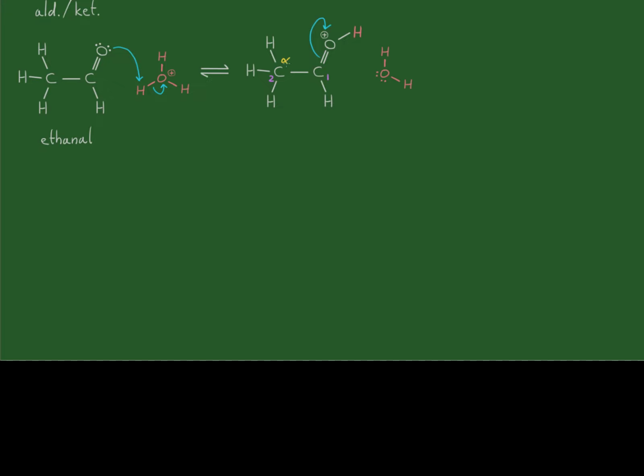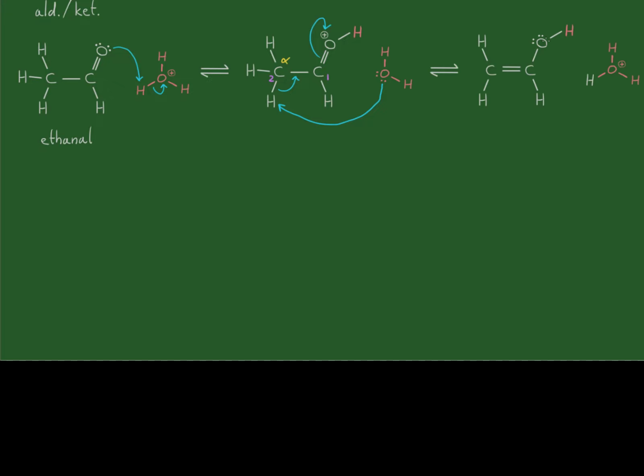The electrons between the alpha carbon and the alpha hydrogen will end up as the pi bond electrons between carbon 1 and 2, while the oxygen lone pair electrons on the water will be attracted to the alpha hydrogen. And so we will end up with an enol form.